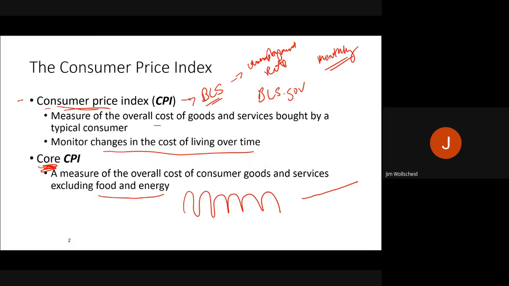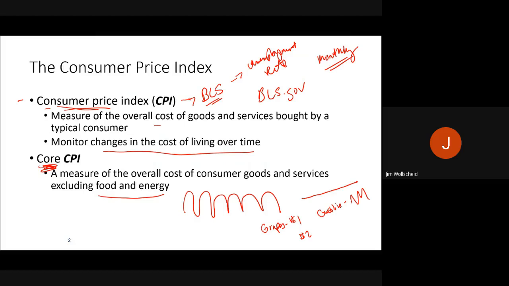It moves up in a slow, steady pattern, while food and energy tend to fluctuate wildly. Go into the store and see what grapes cost. They could cost $1 a pound this week and $2 a pound next week. Most of you have no problem understanding that gasoline prices go up and down quite a bit.